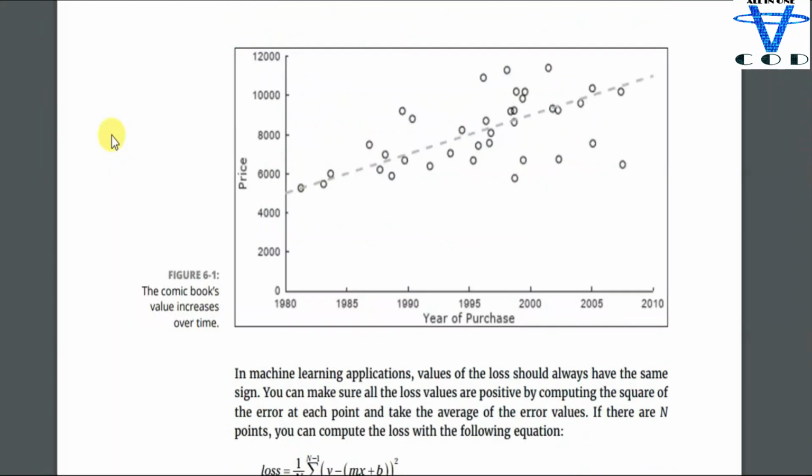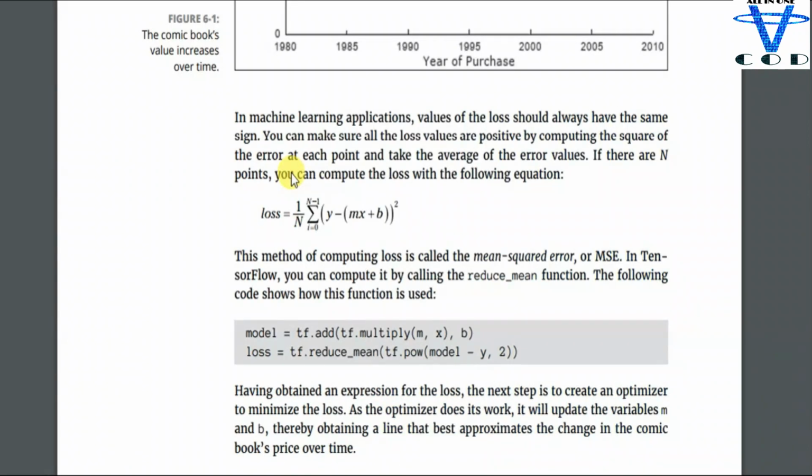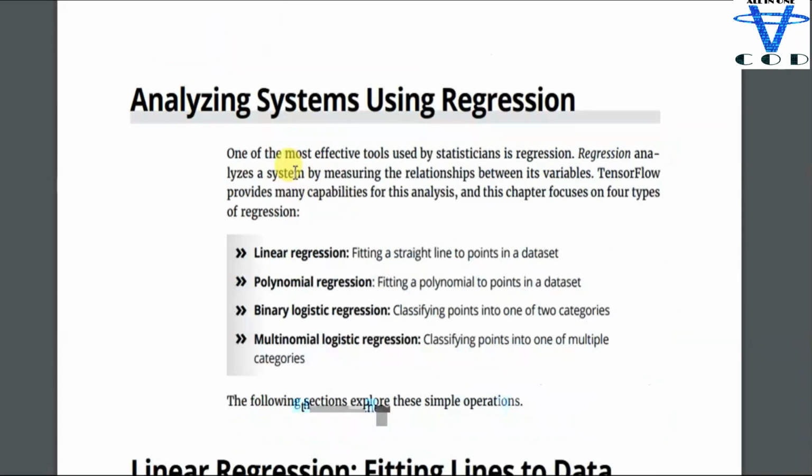You can see in this picture, this is the data and we need to create the straight line for this data, and the equation of linear regression is y equal to mx plus b. So in today's section we are gonna talk about linear regression and how linear regression works. I know I already talked about linear regression in lots of videos, but this is linear regression with TensorFlow.